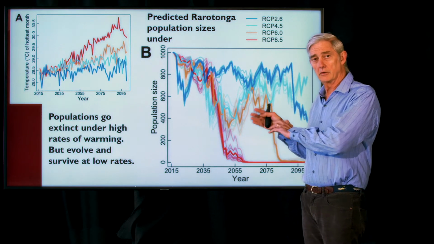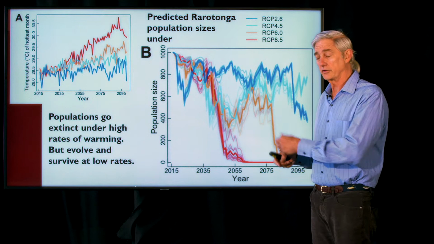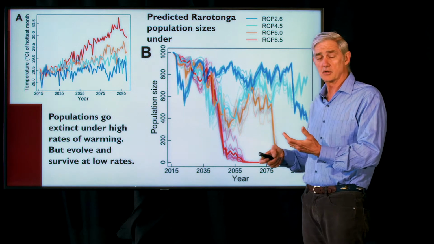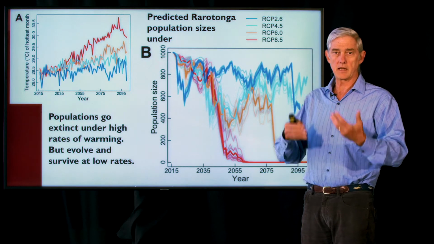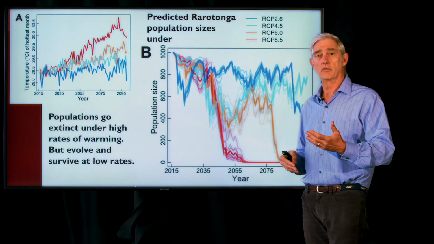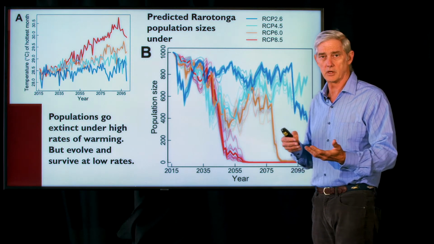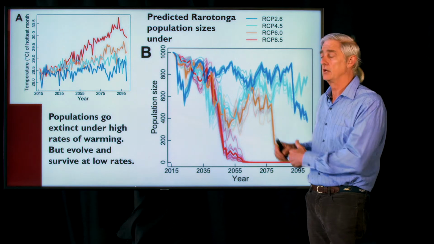So this is a prediction for the future, and it also suggests that populations can evolve in the future to adjust to climate change if that climate change is not too fast.